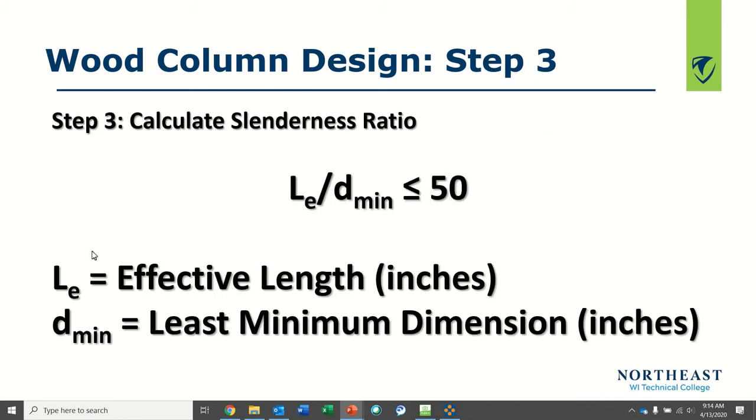That was step two. Step three, calculate the slenderness ratio: LE over d min, and that needs to be less than or equal to 50.